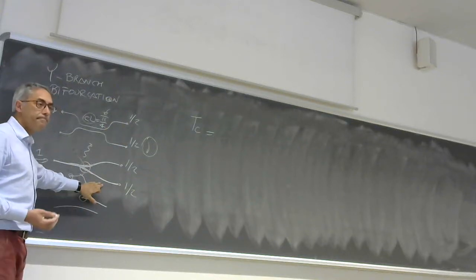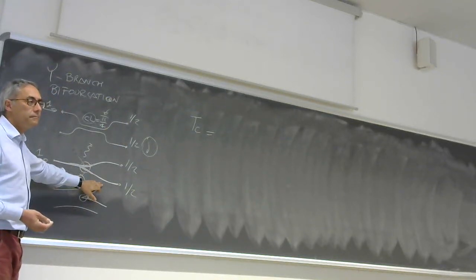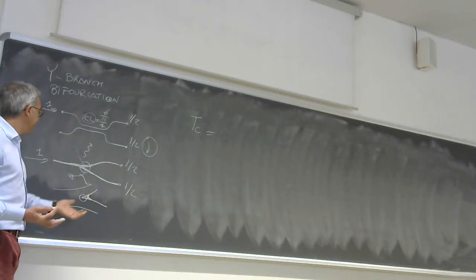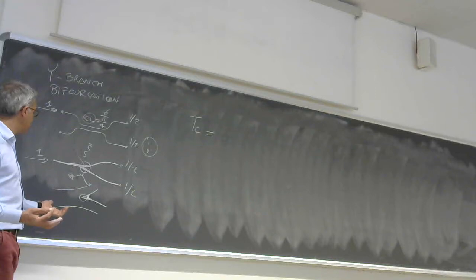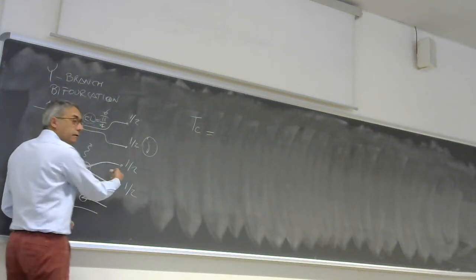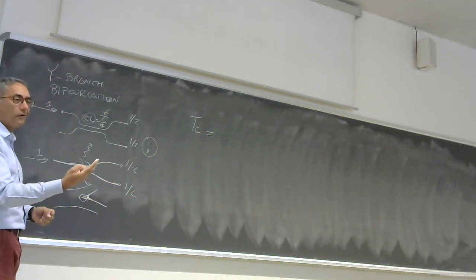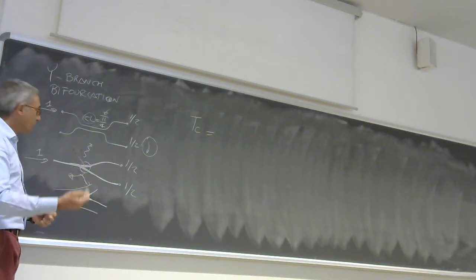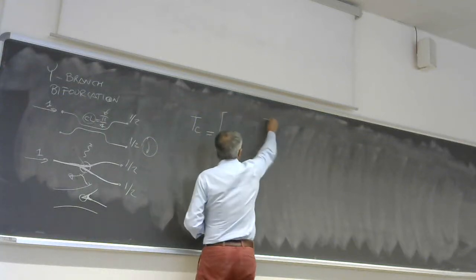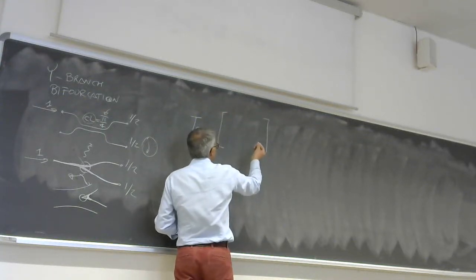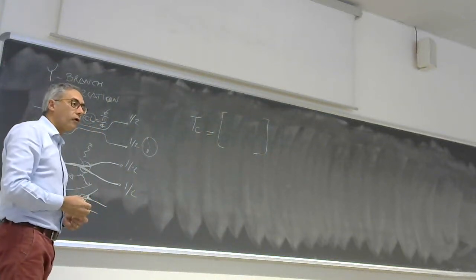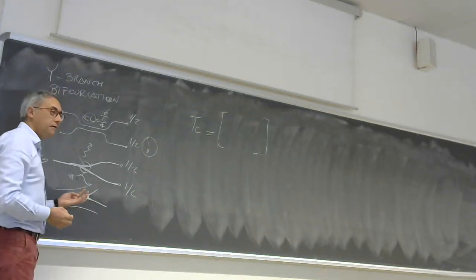In this case, it is not 1x2 because if you enter from here, you need the second row. So it is a 4x4, also in this case. So it is a 4x4, and which are the four ports?